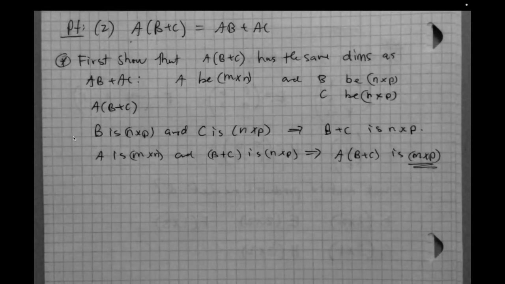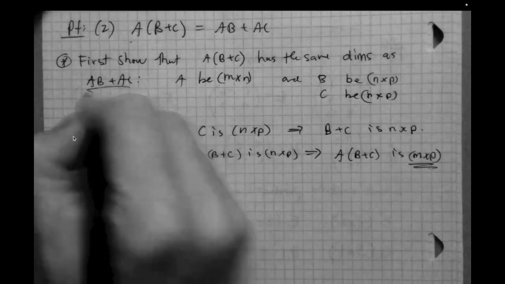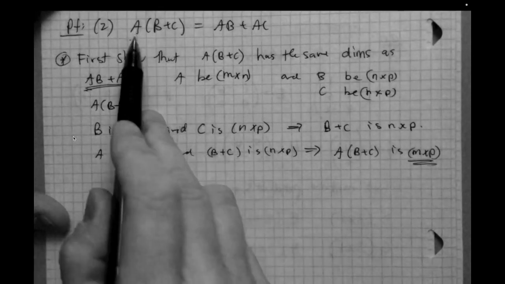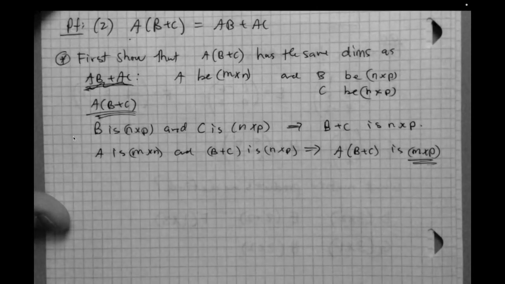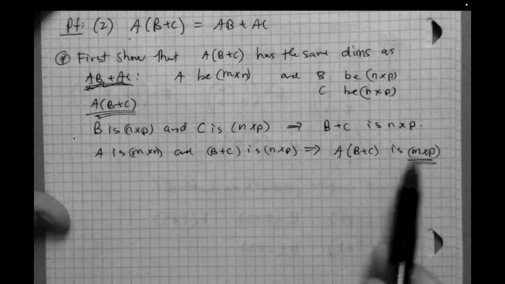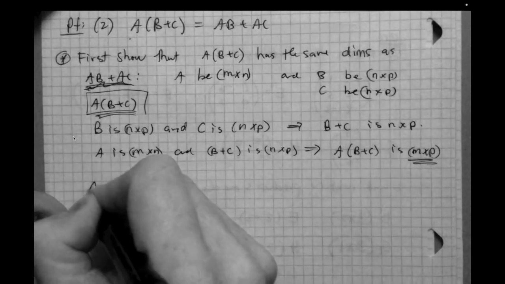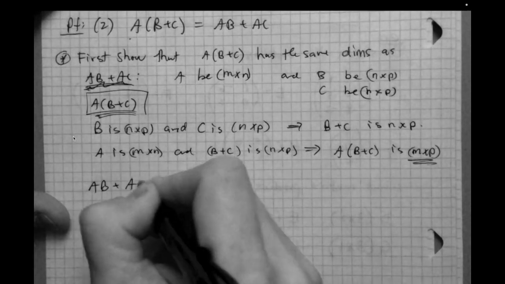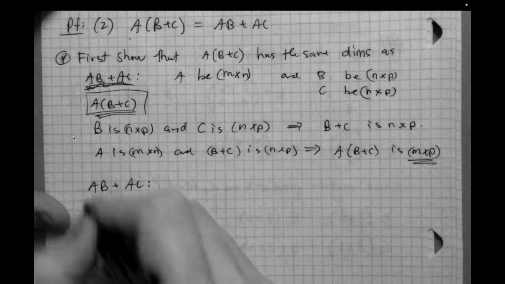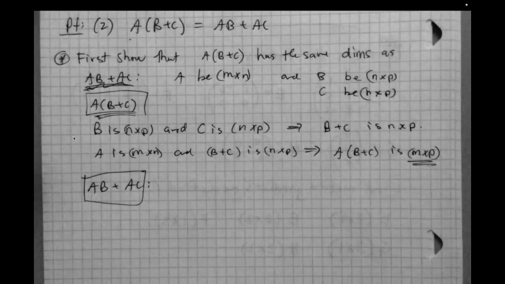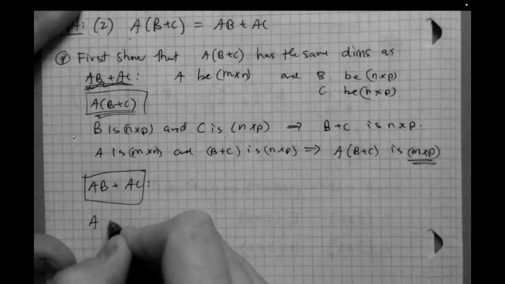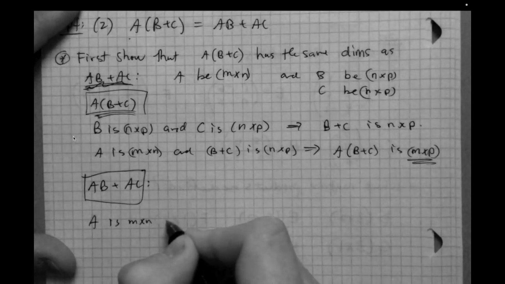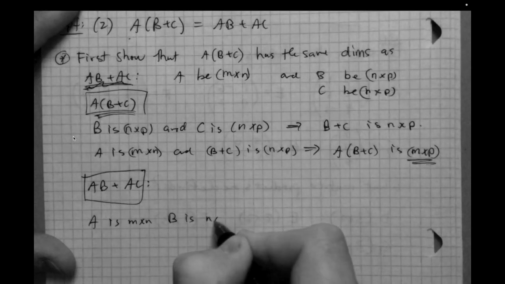Okay, perfect. All right, what about the dimension of AB plus AC? Let's look at that one next. Well, A is m by n and B is n by p.